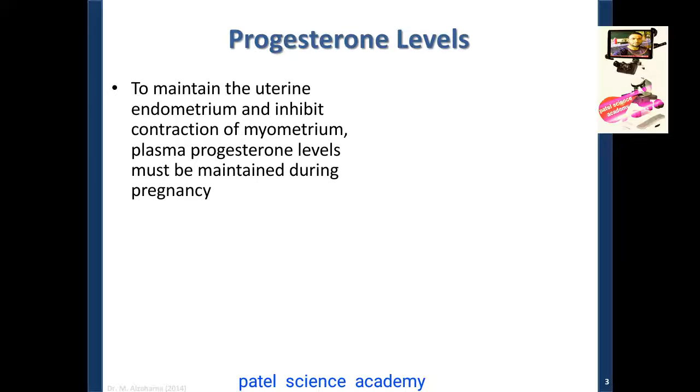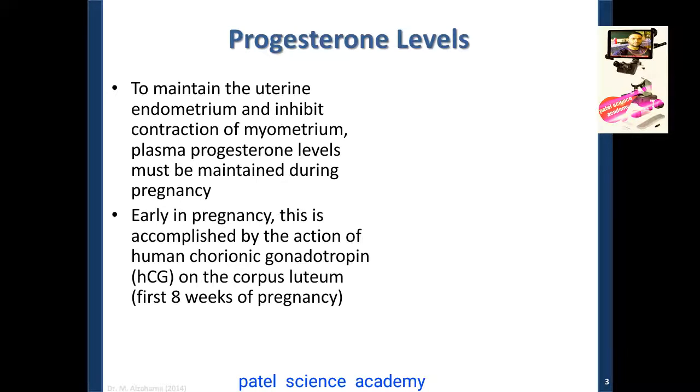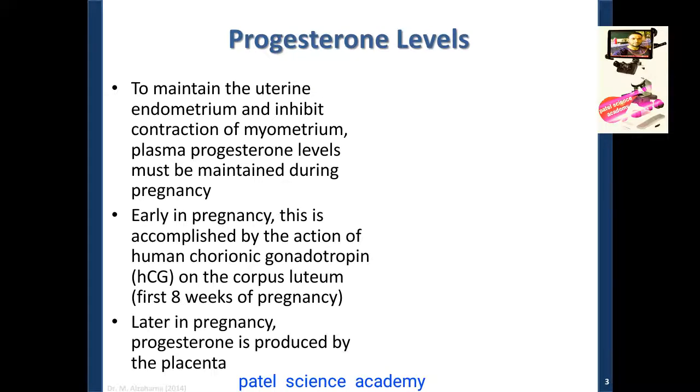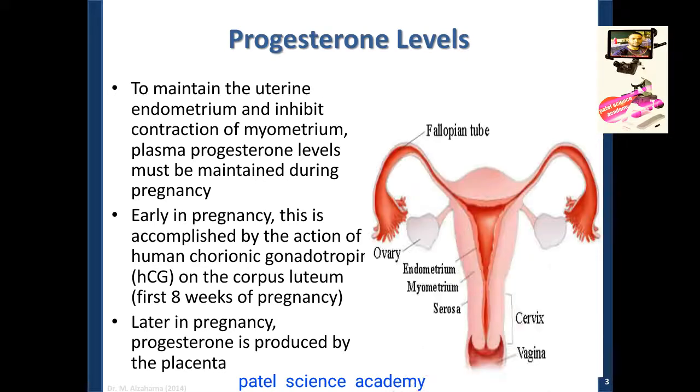This is again a most important hormone whose level must be maintained. Early in pregnancy, this is accomplished by the action of hCG, human chorionic gonadotropin, on the corpus luteum during about the first 8 weeks of pregnancy. Later in pregnancy, progesterone is produced by the placenta.